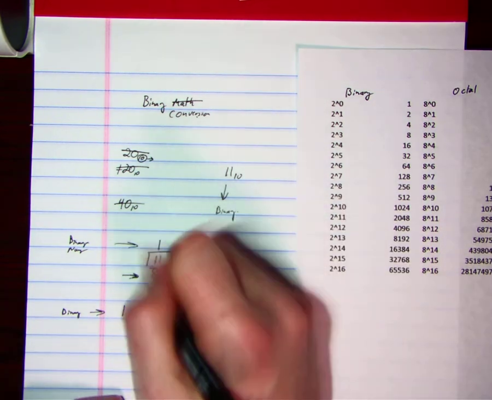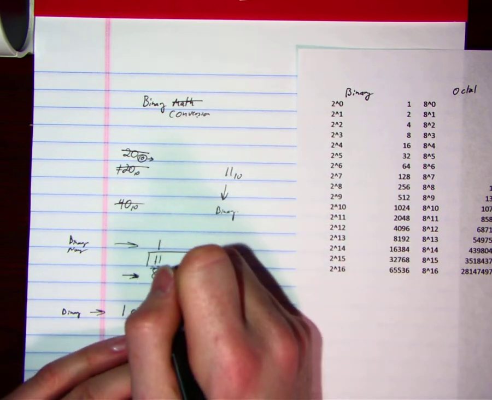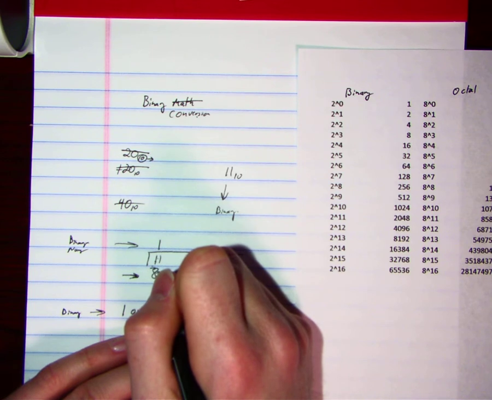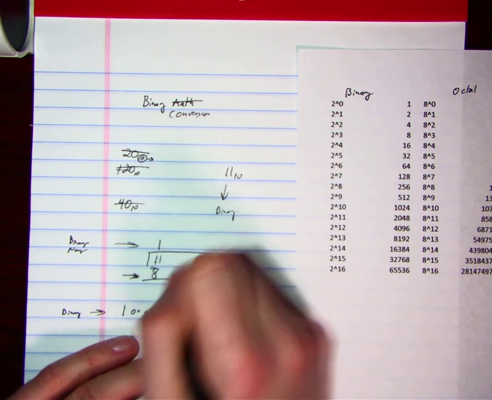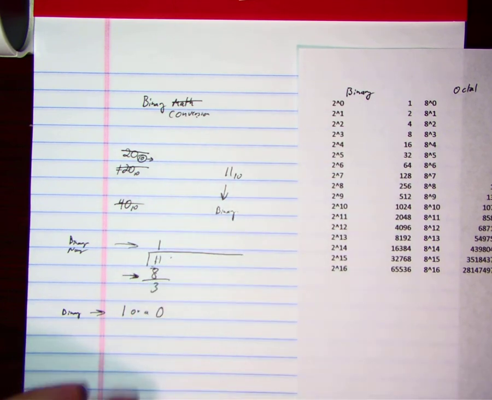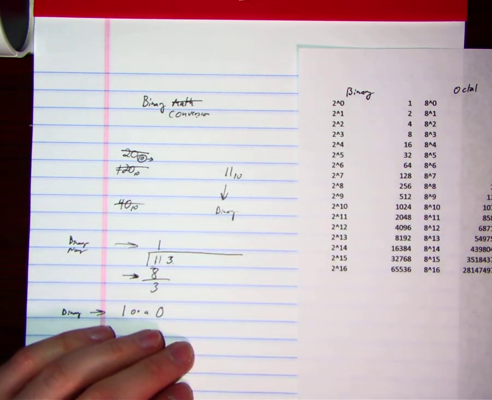But anyway, back to our binary conversion here. Then what we're going to do is subtract 8 from 11. And of course our number comes out to being 3. Okay, so you go ahead and put your 3 up here. But here's the catch.